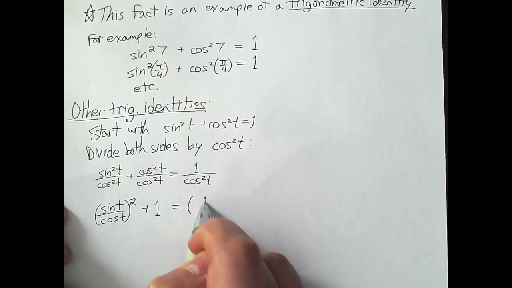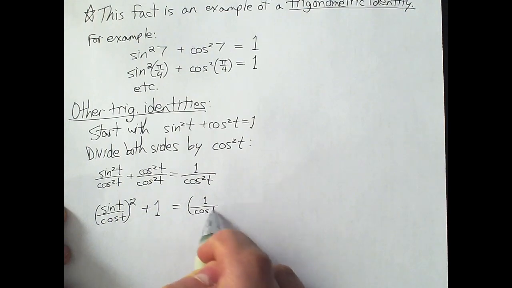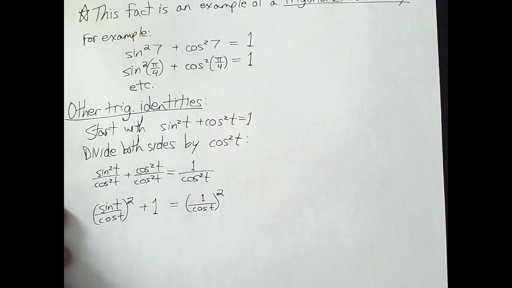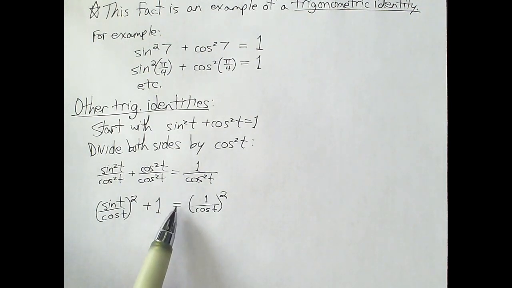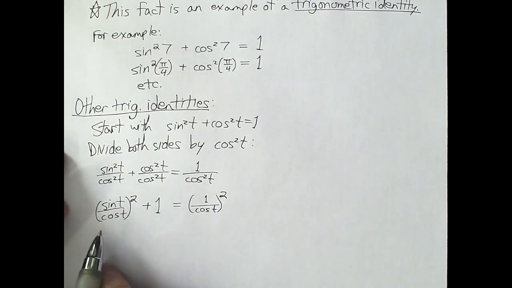And this I could write as 1 over cosine t parentheses squared. Do we want to say that this is another trig identity? Technically it is. It's an equation about how sine and cosine are related to each other. It has an equal sign.